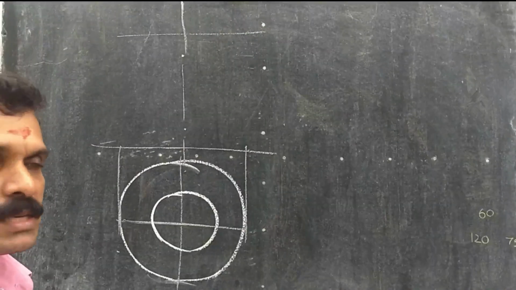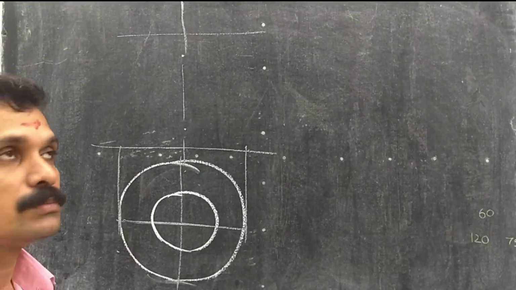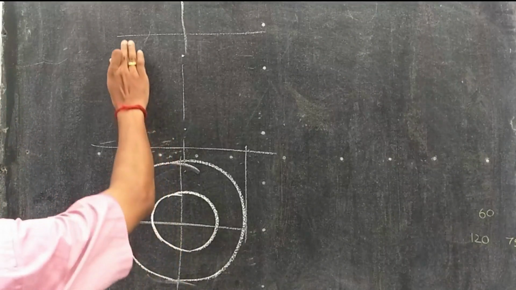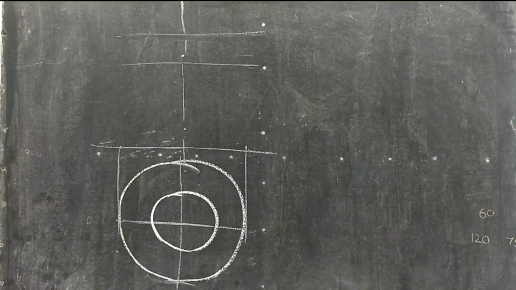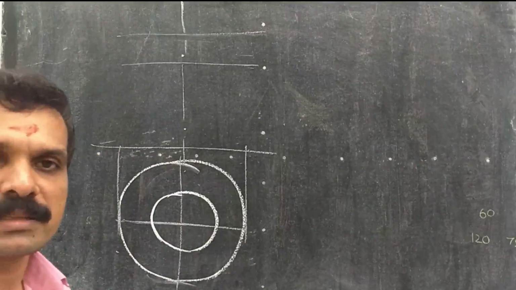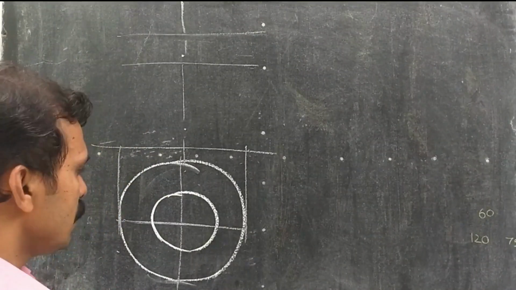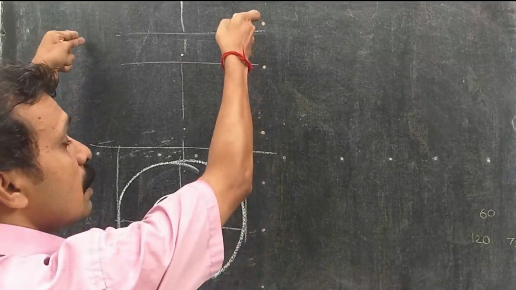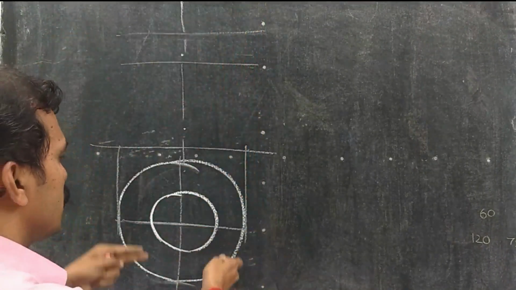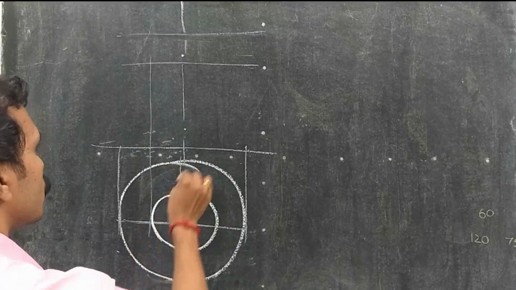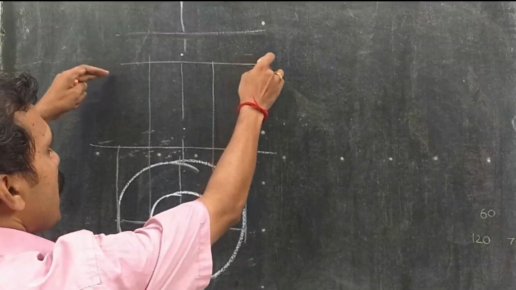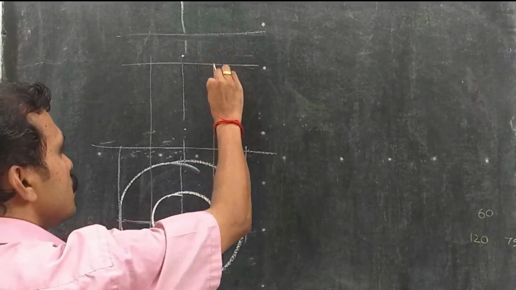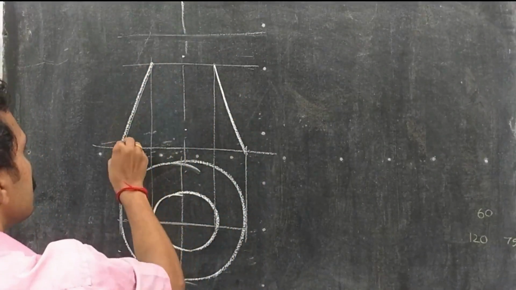Okay. See, how can we construct the front view? This is the projector through the bottom diameter and this will be the projector through the top diameter. Since this height is 75, this will be the front view of the frustum.